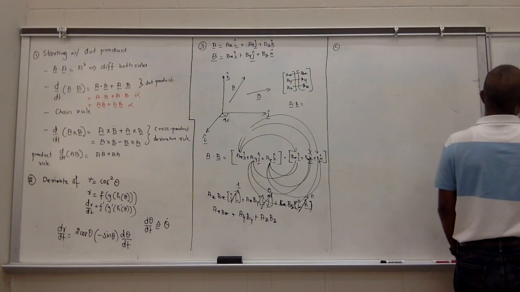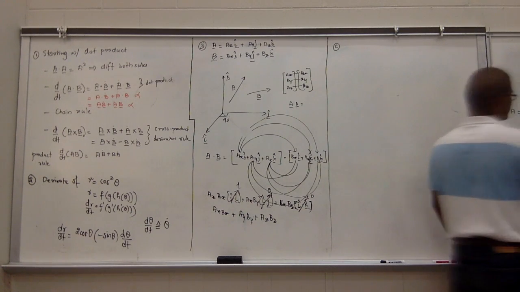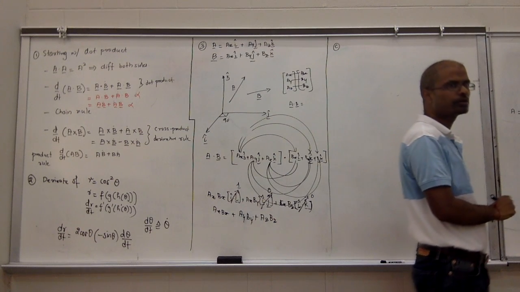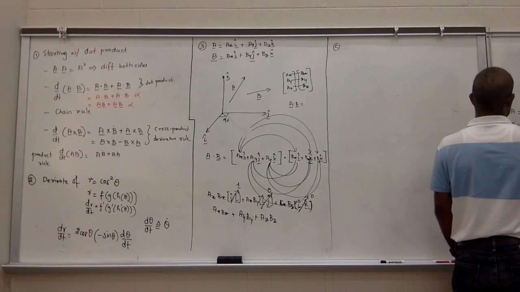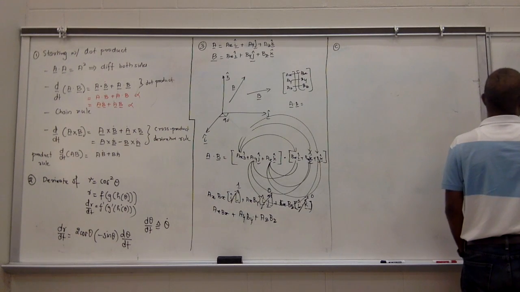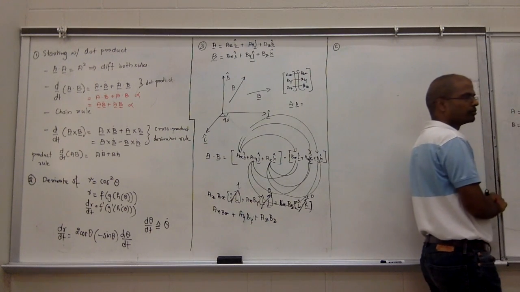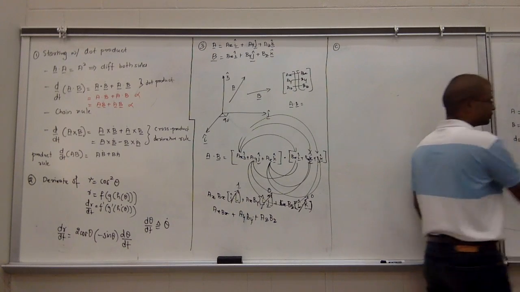Okay, you define A equal to 1, 2, 3. You can do this in MATLAB, right? Everybody can do this. B equal to 4, 5, 6. When you do the dot command A, comma B, this will output your dot product.